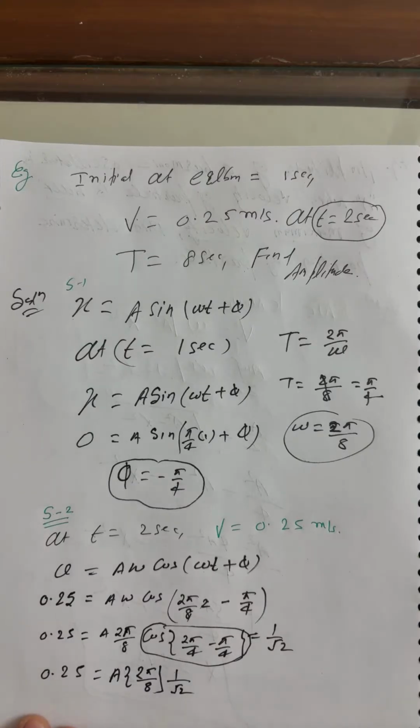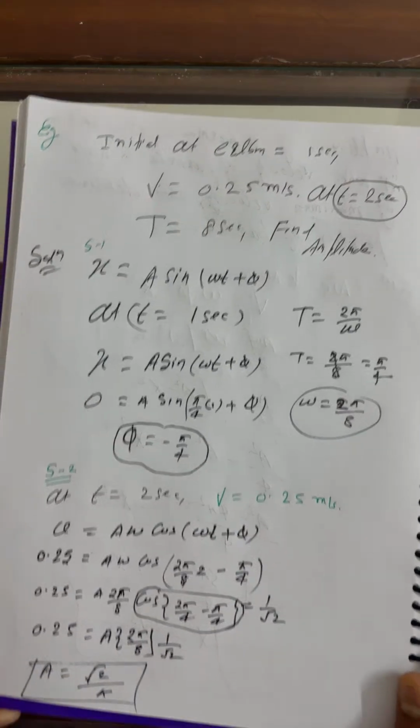Just solve further here. So 2 root 2 cancels. Amplitude, finally what will we get? Amplitude is 2 root 2, root 2 cancels, root 2 by pi. This is the answer for this question.